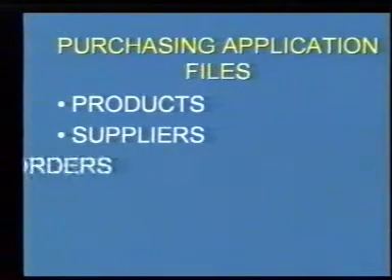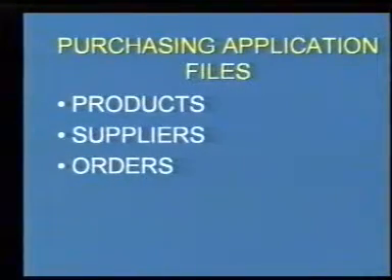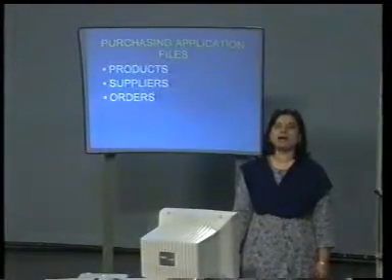require some files. For example, the purchasing application files are the products file, suppliers file and orders file. The products file is going to have the data related to the products which the business organization is procuring from the suppliers and supplying to the customers.